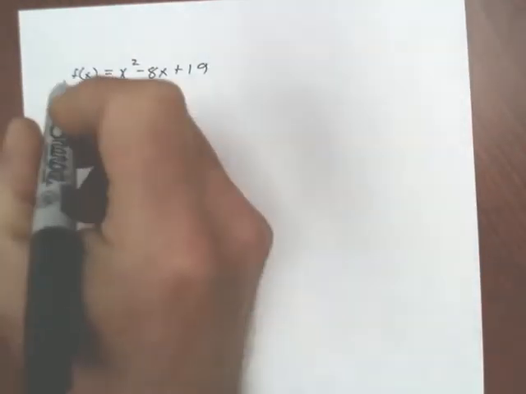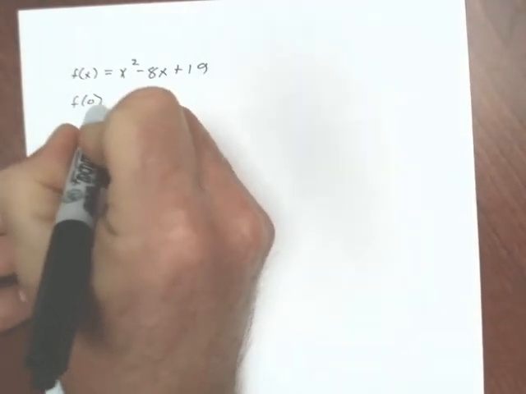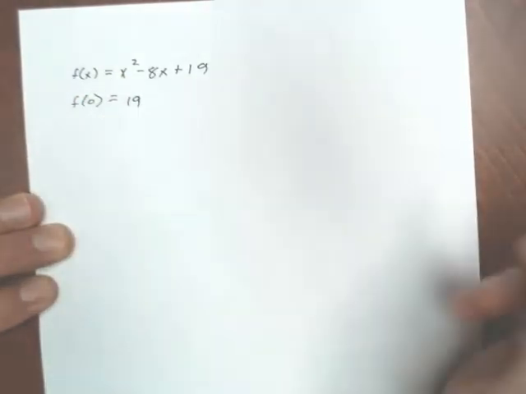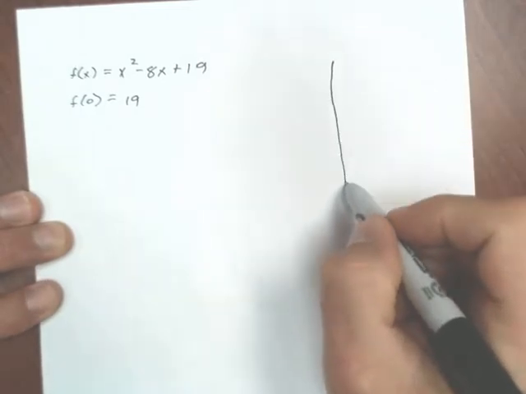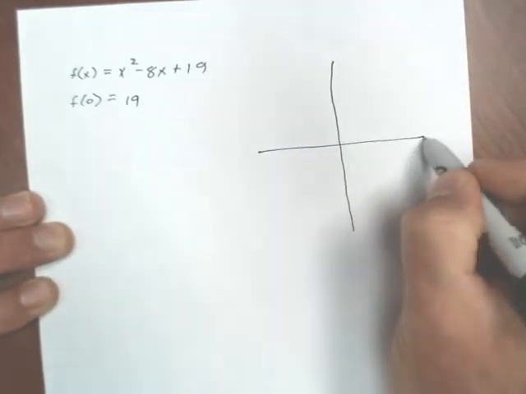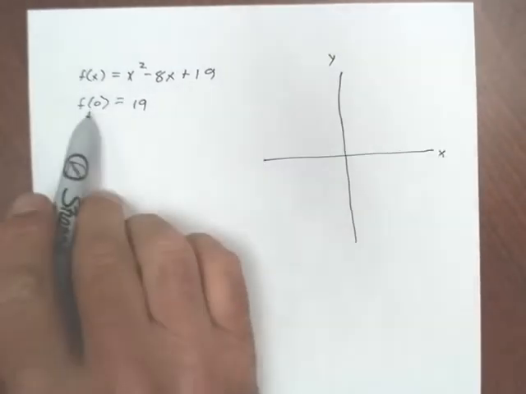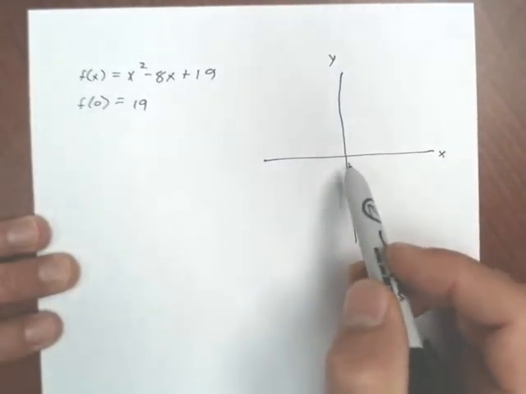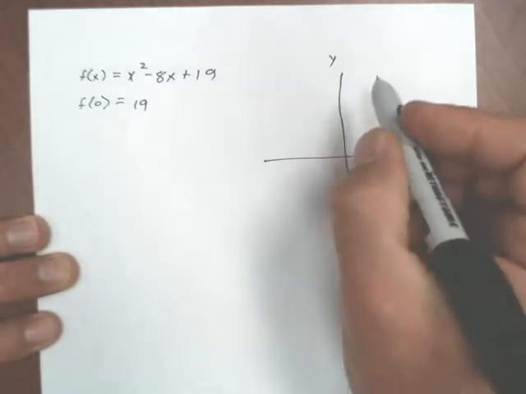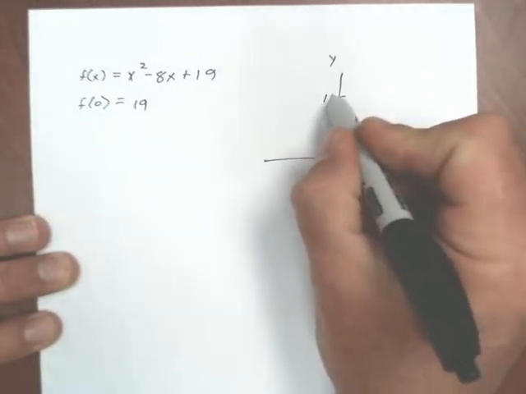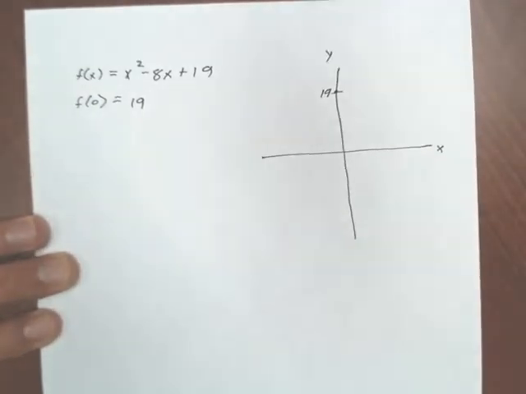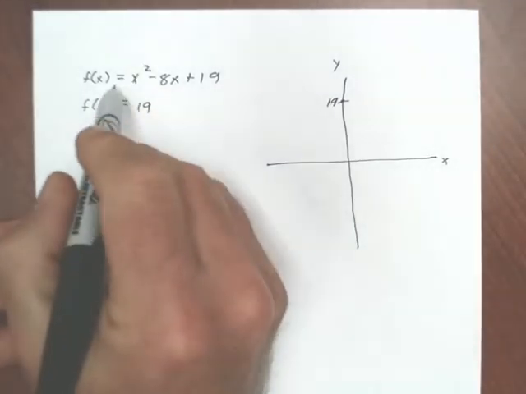So in this case, of course, step 1, f of 0 equals 19. Let me go ahead and draw our Cartesian coordinate system out here. Okay, so when x is 0, y is 19. So that point there is going to come into play somehow.